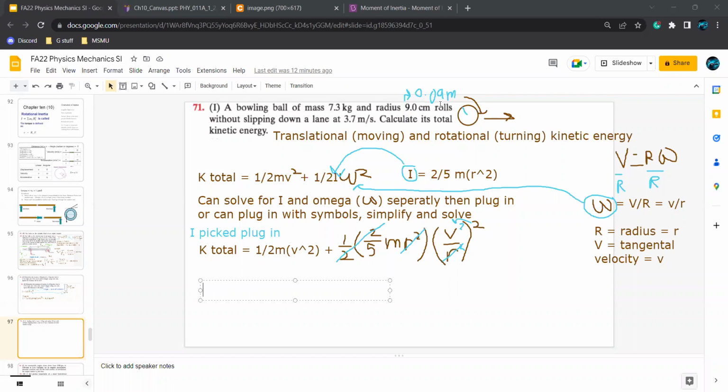Total K equals 1 over 2 m v squared plus, it would now be 1 over 5 m v squared.